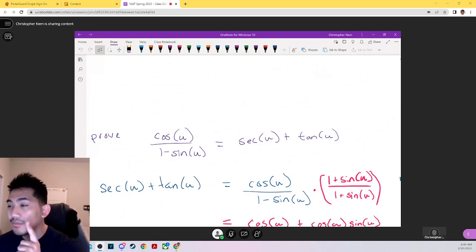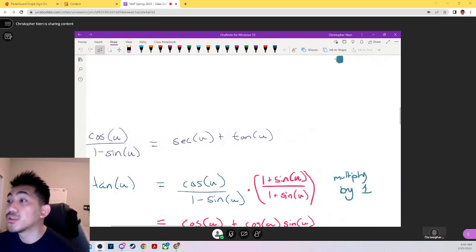Now, when I say multiply by 1 and add by 0, it's not as obvious because there are different representations of doing that identity. So I'm going to actually multiply the expression by 1. 1 plus sine of u over 1 plus sine of u is equal to 1. However, this is similar to how we did conjugates.